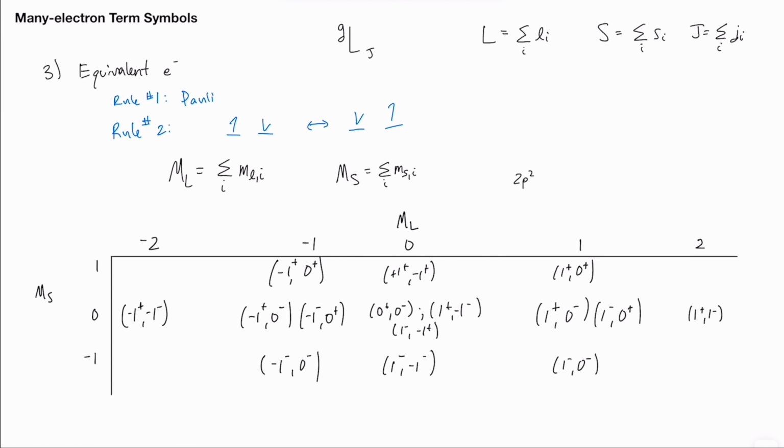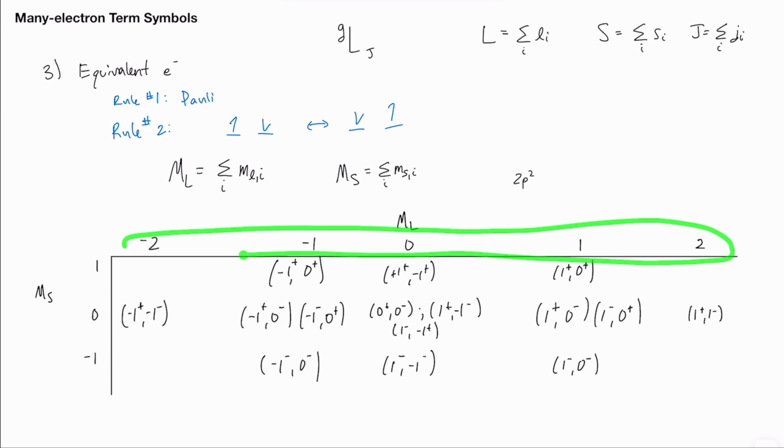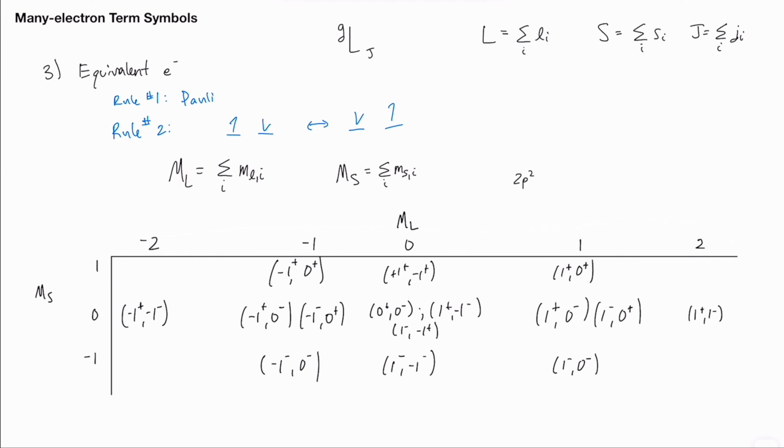And so we're going to arrange all of these microstates in a table like this, right? So the values of M sub L go -2 to 2, and the values of M sub S go -1 to 1. I'm using a little bit of shorthand to write down these configurations. So if you notice, I'm using things like 1 plus.